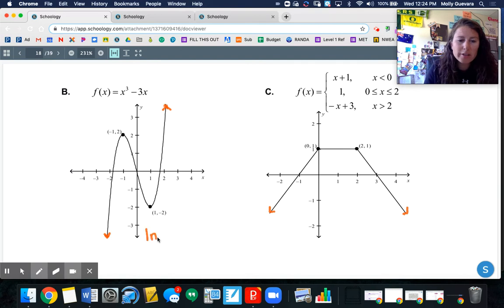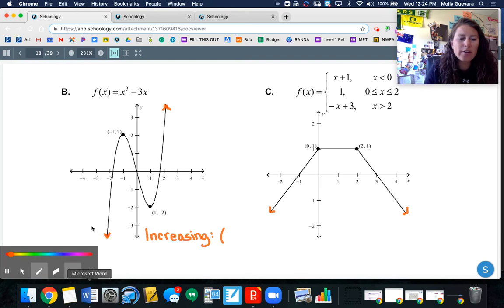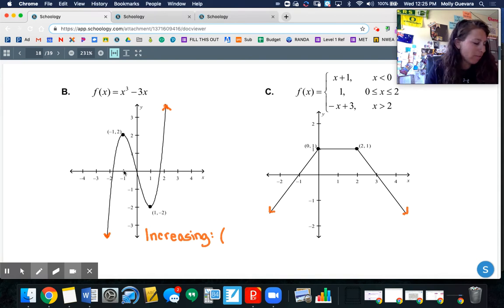So let's write down on what intervals the graph is increasing. Down here, it keeps going down, down, down. So my graph will be increasing from negative infinity, increasing all the way to here, to -1.